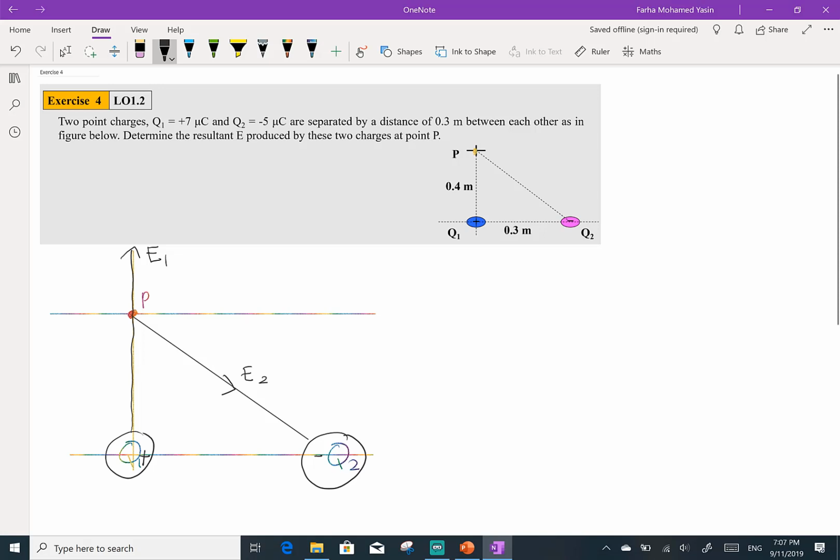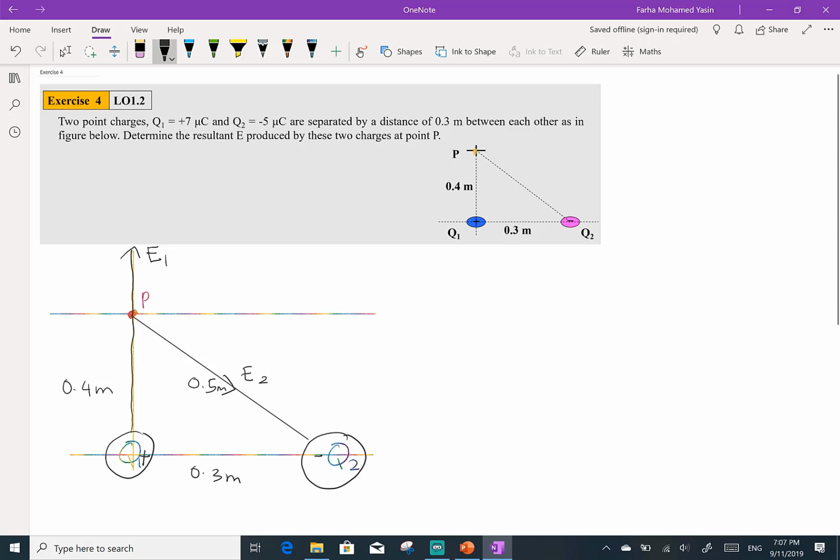Kita tahu sini is 0.4 meter, 0.3 meter, so kita kira kita akan dapat the distance from point P to Q2 is 0.5 meter. Now kita dah lukiskan the direction of E1 and E2.